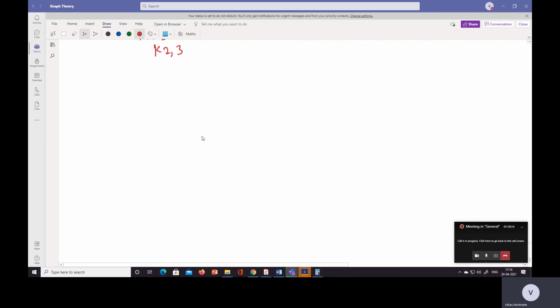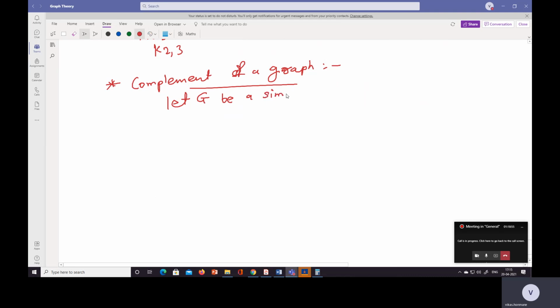Then next is the complement of a graph. The definition of the complement of a graph is: let G be a simple graph with n vertices.